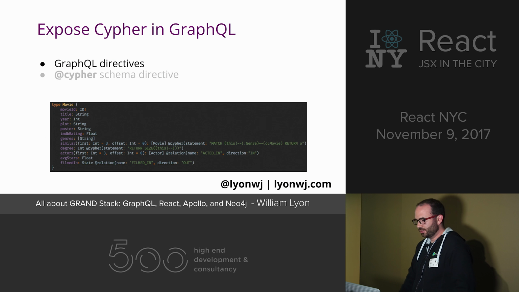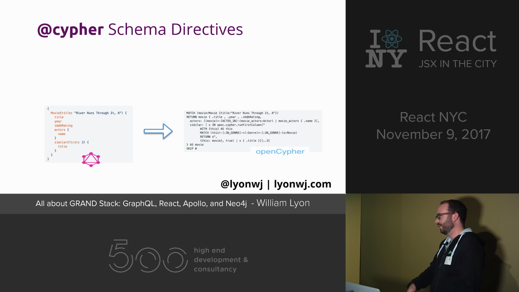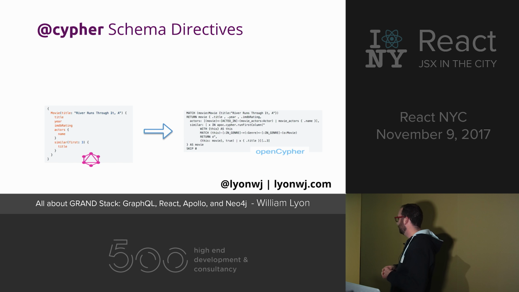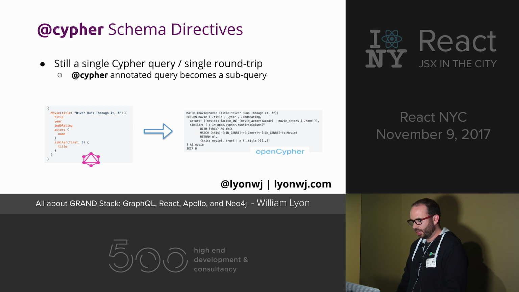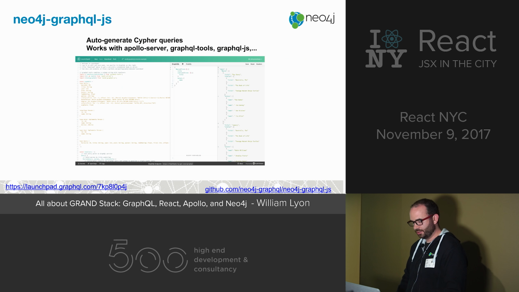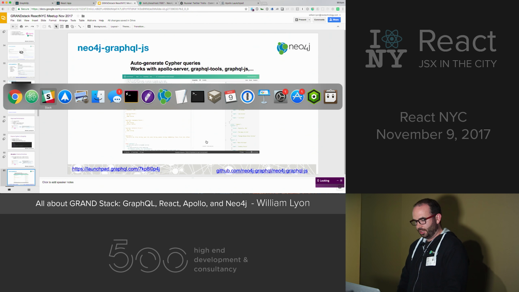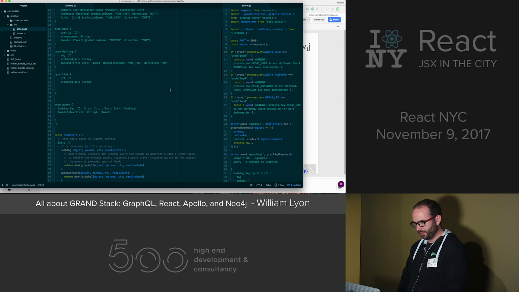And when we do that translation from GraphQL to Cypher, that annotated Cypher query becomes a subquery in the single Cypher query that we generate. So it's still just one query that we're able to generate, which is really cool because it allows us to do interesting things with Cypher that we wouldn't otherwise be able to do with GraphQL.